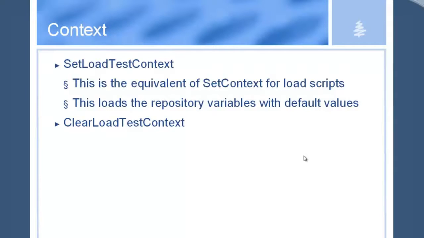The most important one being the URL root repository variable that we can replace at runtime into the URL to the server. And just for consistency's sake, there's a clear load test context. If you wanted to have one script that went against different applications, you can clear that out and start it over again. So this sets the context for any load script, and most load scripts would start with a set load test context in them.